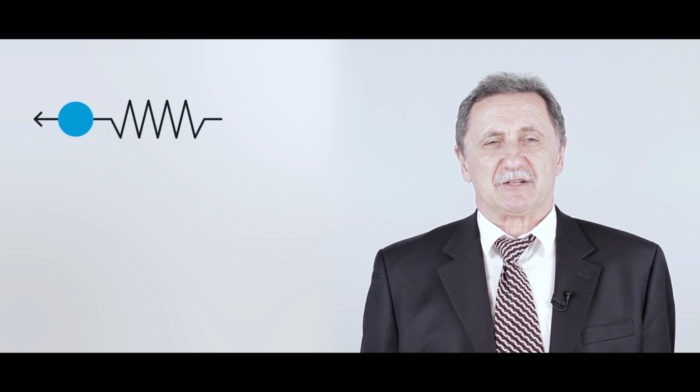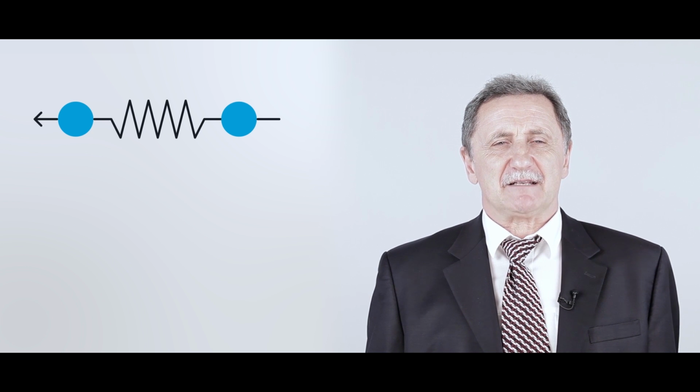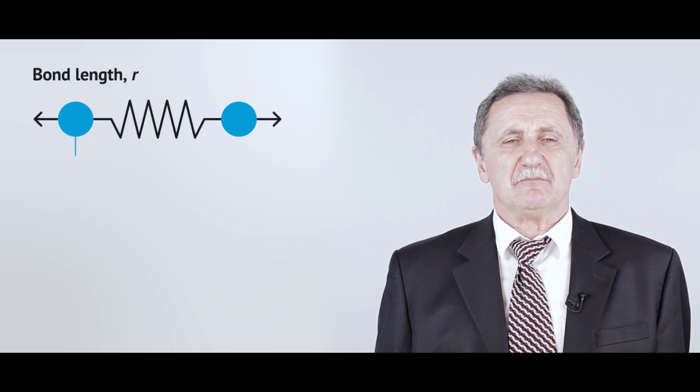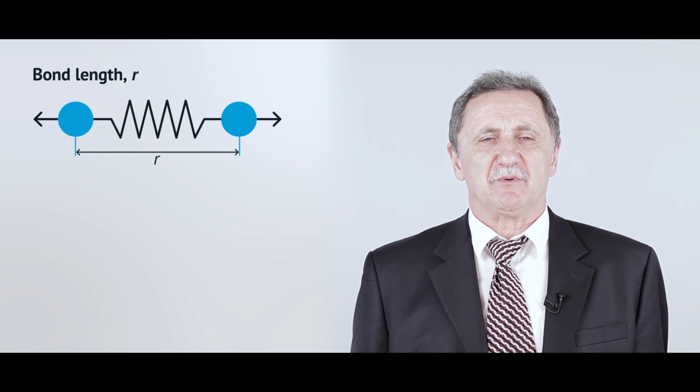Now we can come to the picture of the atomic bond. We have two atoms in equilibrium, so there is a distance r0 between them.